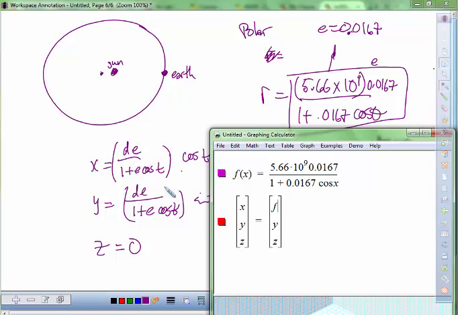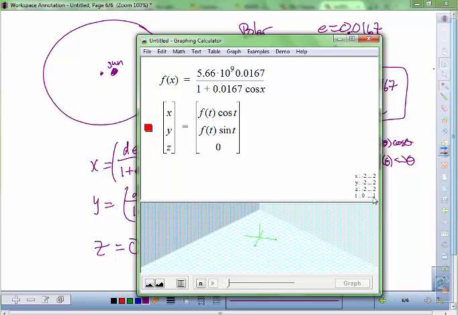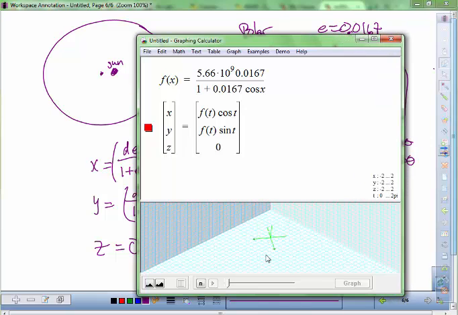So f, and this time I'm going to use the variable t because I want this to be a parameterized curve, f of t cosine t, f of t sine t, and I'll say z is equal to 0. I can't see it. Probably messed it up, huh?